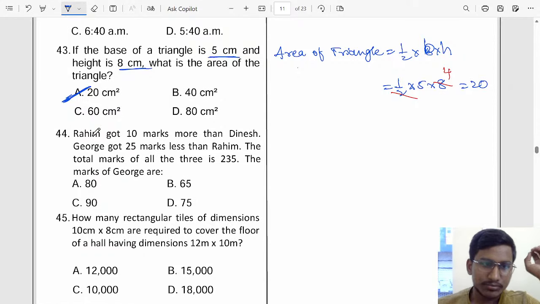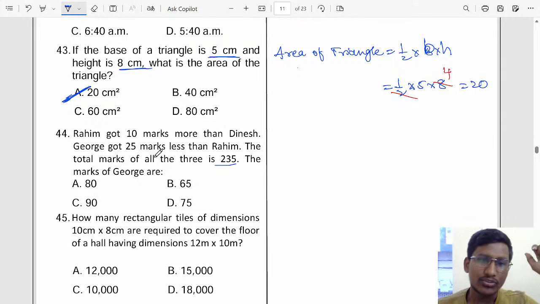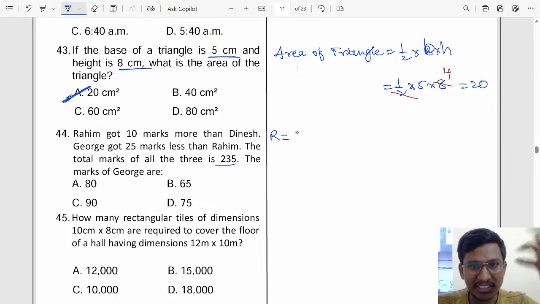The question is: Rahim got 10 marks more than Dinesh and George got 25 marks less than Rahim. The total marks of all the three is 235. They are asking the marks of George. So Rahim got 10 marks more than Dinesh, which means Dinesh and then 10 more.